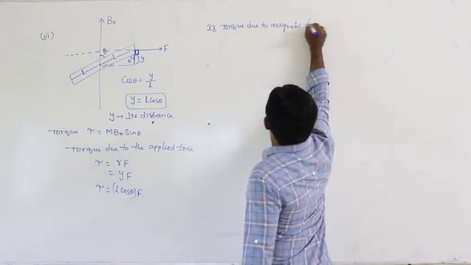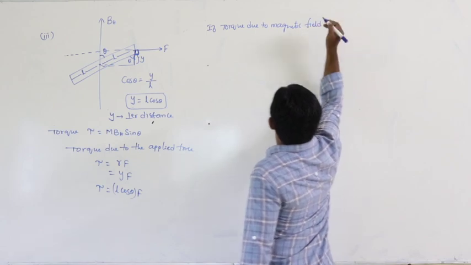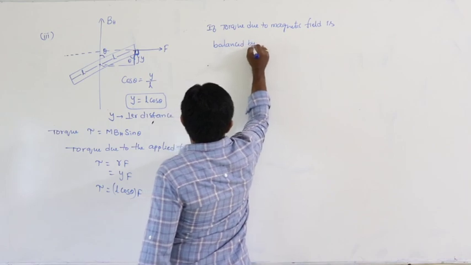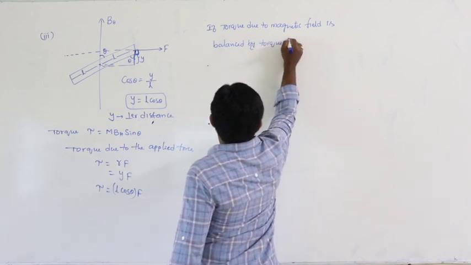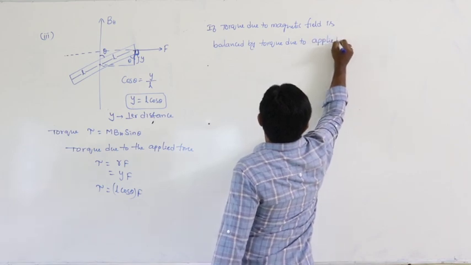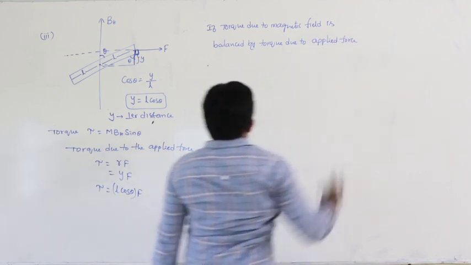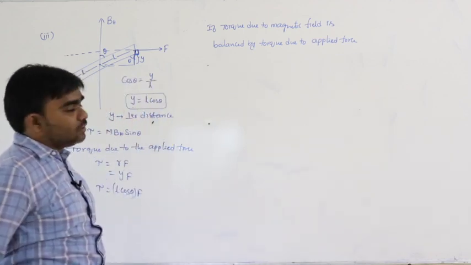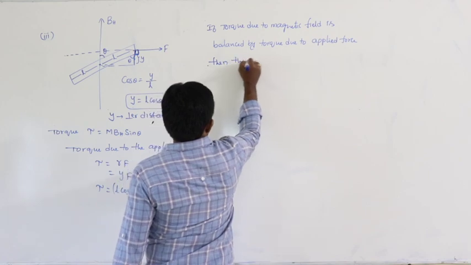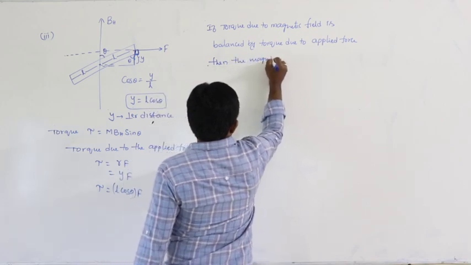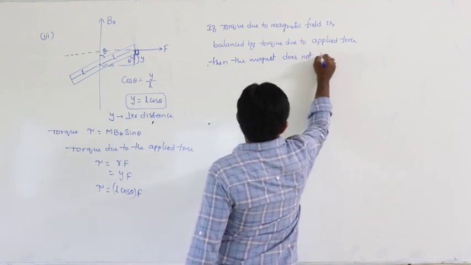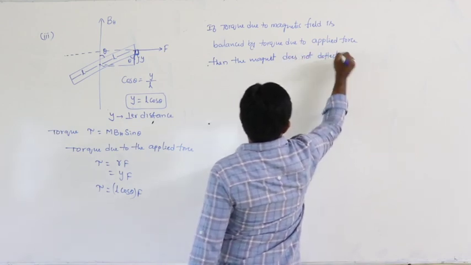If the torque due to the magnetic field is balanced by the torque due to the applied force, then the magnet does not deflect.